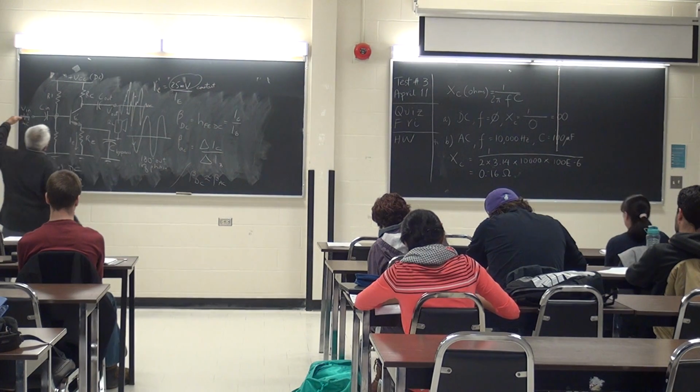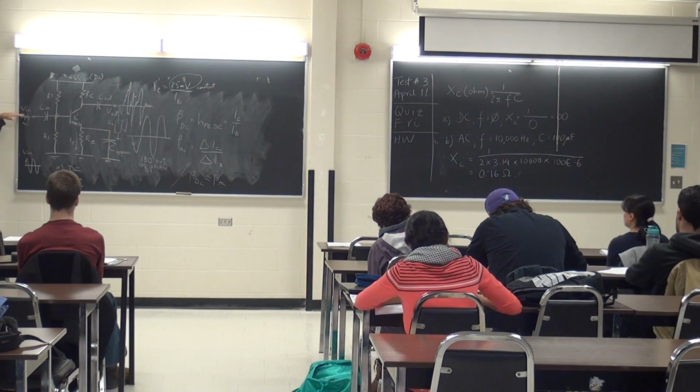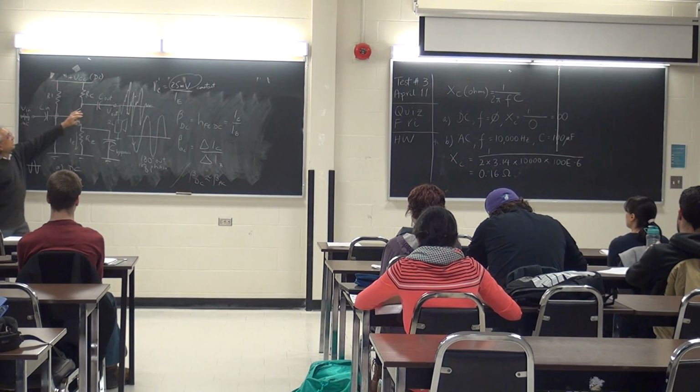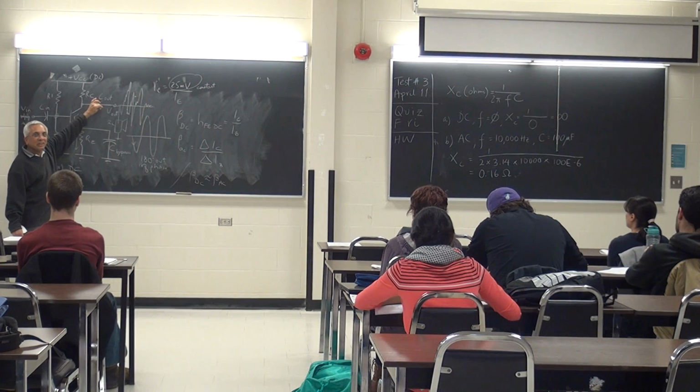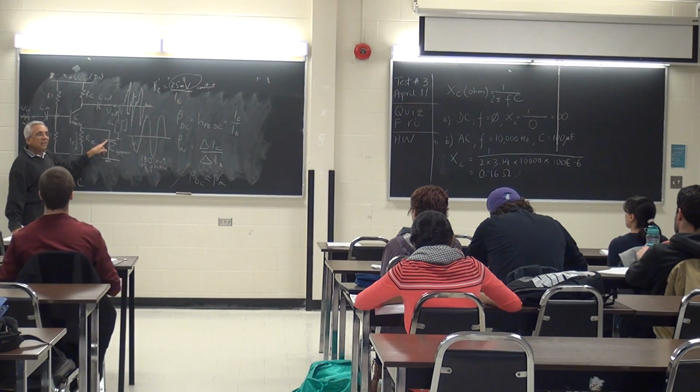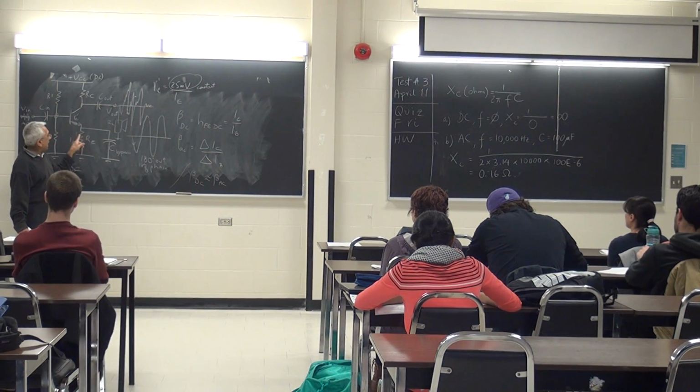So here's my little signal coming at about 10,000 hertz. This capacitor is going to act like a closed switch. This capacitor is going to act like a closed switch. This capacitor is going to act like a closed switch. When this capacitor acts like a closed switch, what's going to happen to this resistance here? Is it being bypassed?